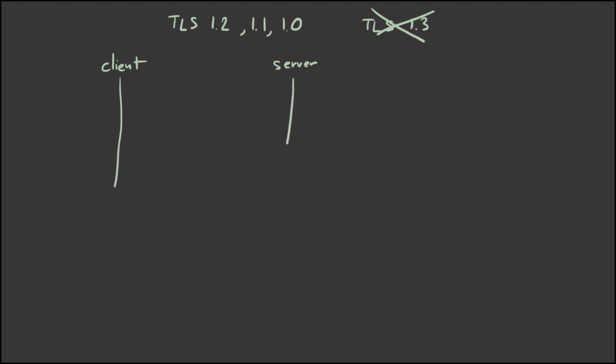In TLS, and let's say TLS 1.2 or 1.1 or 1.0 or whatever, but not TLS 1.3 because they don't use RSA encryption anymore to do a key exchange. You have a client and a server, right? And they communicate with each other.